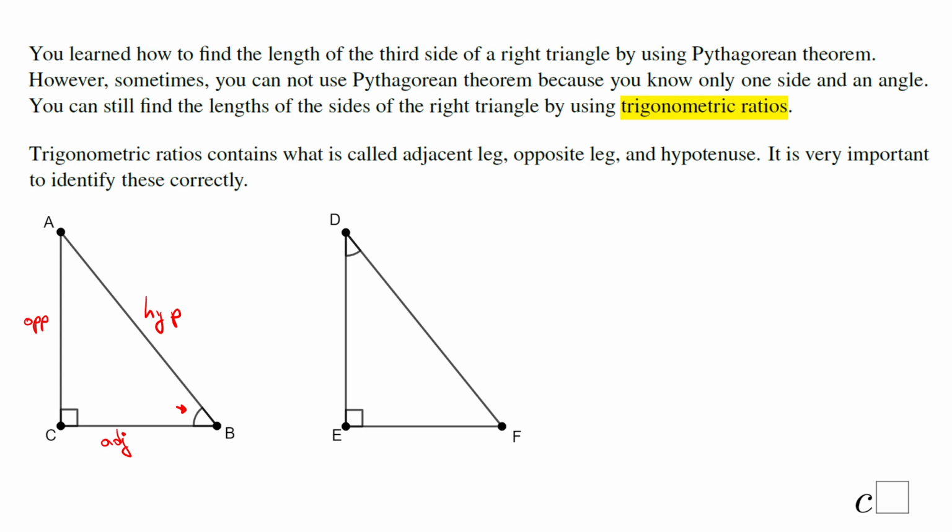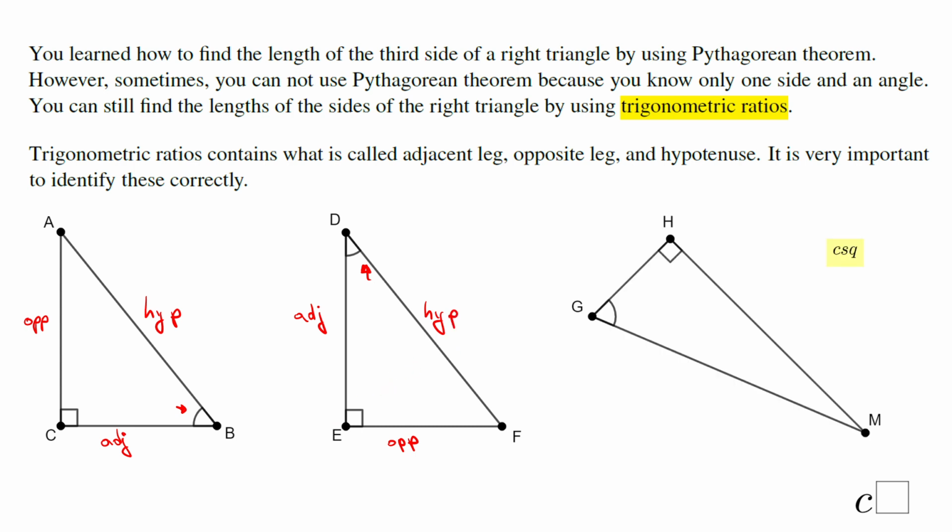On the other hand, for this angle D, what will be the adjacent leg? The adjacent leg will be DE, next to angle D. The opposite leg will be EF, and the hypotenuse is this side, the longer side on the other side of the right angle.